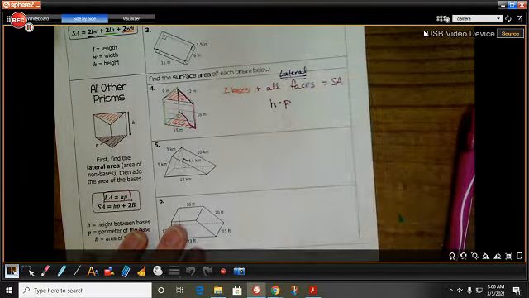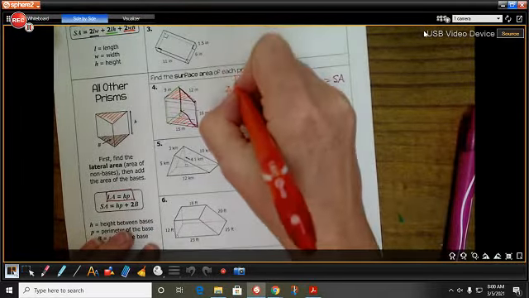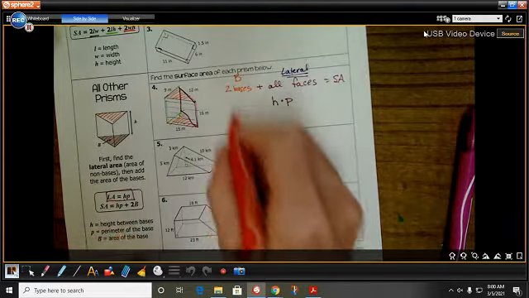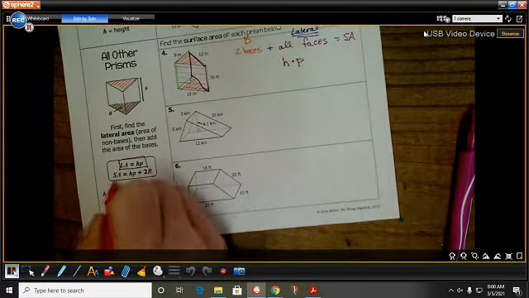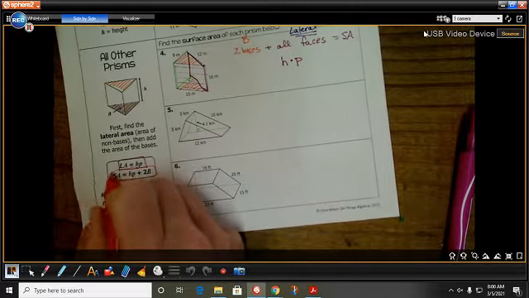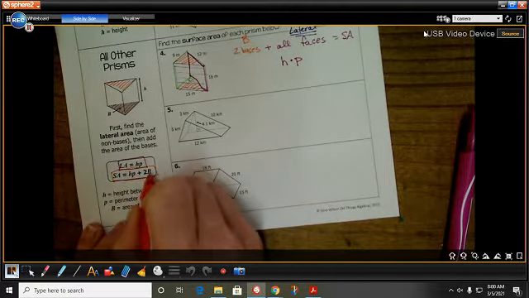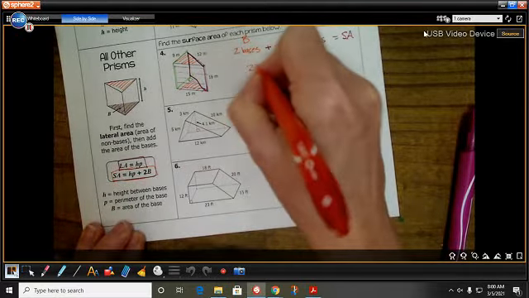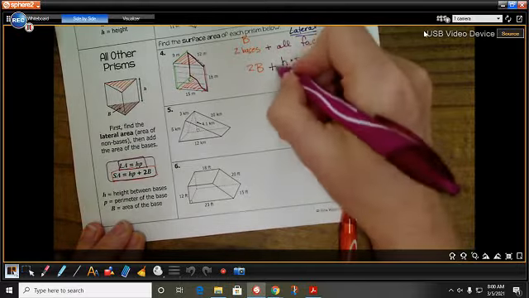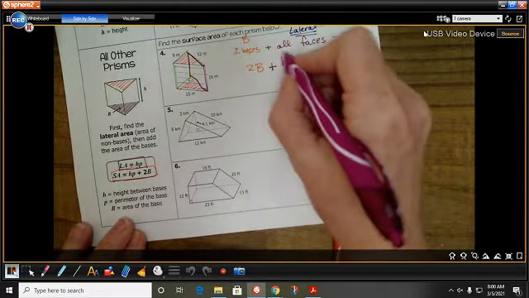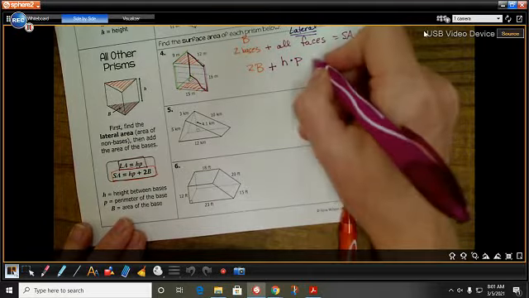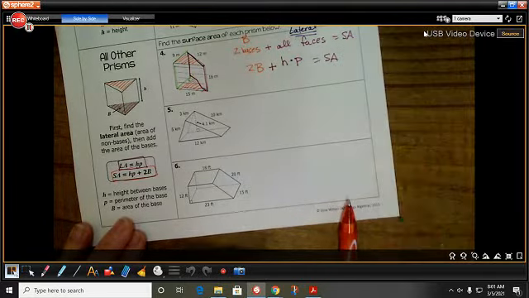Okay? Then your base area is still just going to be the area of the base times the number of bases. So my total surface area becomes the 2 bases added together plus the height times my perimeter, or plus all your faces added together, will give you your total surface area.